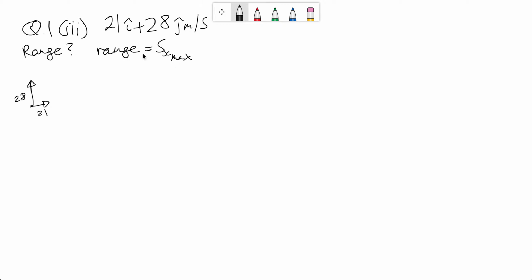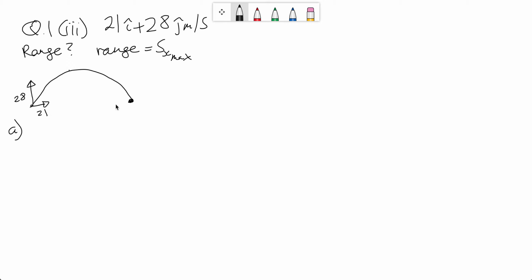Okay, so there are two different ways to do it. I'm going to do one way, which I'm going to call A. In this method, we realize that if we want to find the range along here, what we need to find first is how long it takes to go that far.